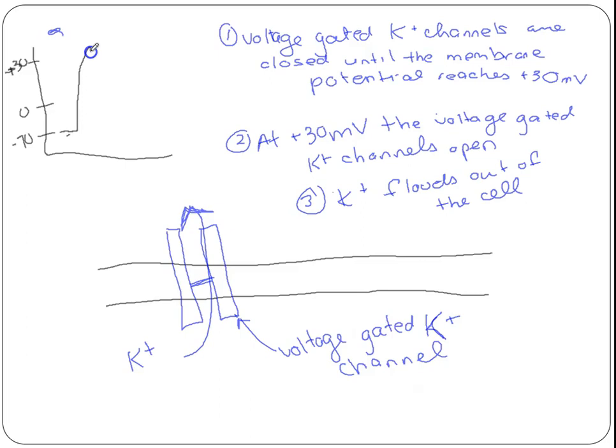As the cell is losing a positive charge, the membrane potential goes back down negative. So we've lost a positive charge, so it becomes negative. This process of it going more negative is called repolarization. So we say the cell repolarizes.